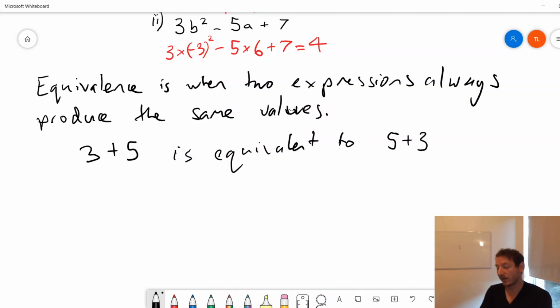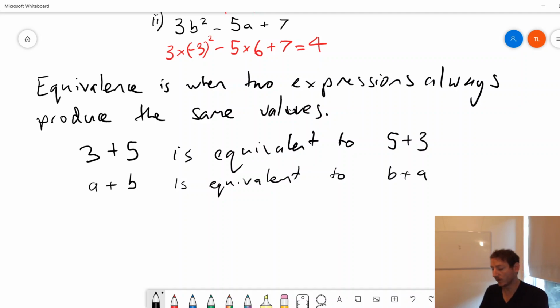But always they're going to be the same thing. Now, what you might see is, let's say we do a plus b is equivalent to b plus a. No matter what numbers we choose for b and a, we are always going to get the same thing.